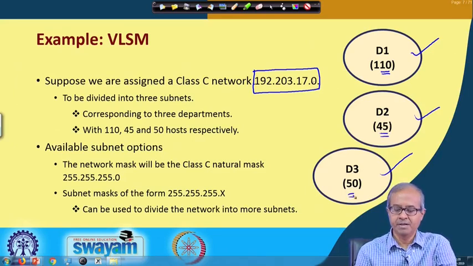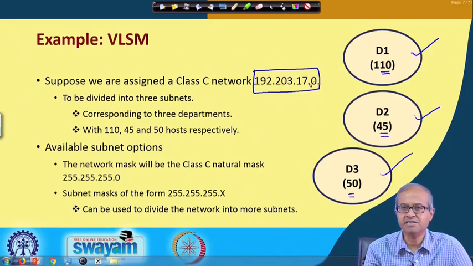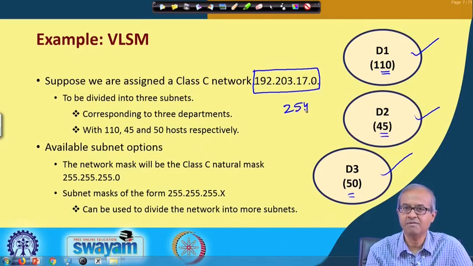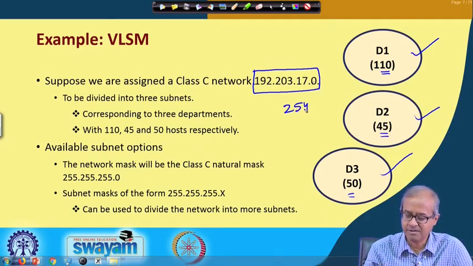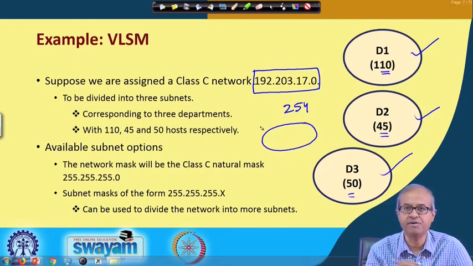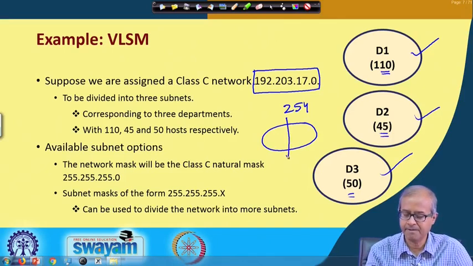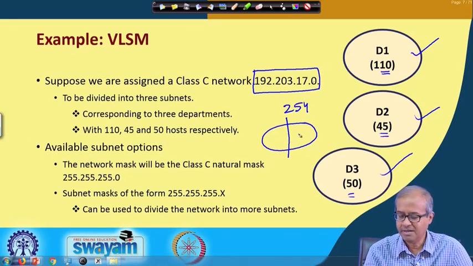Now, in a class C network you can have 254 hosts total. If we divide it into half, it will be approximately 127 each.